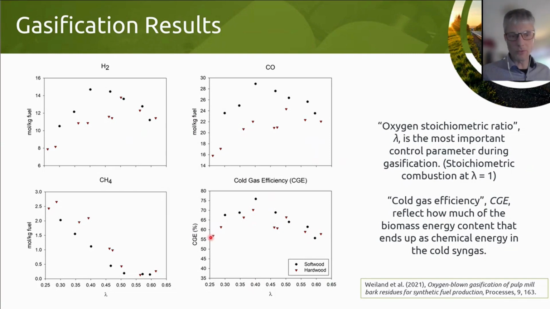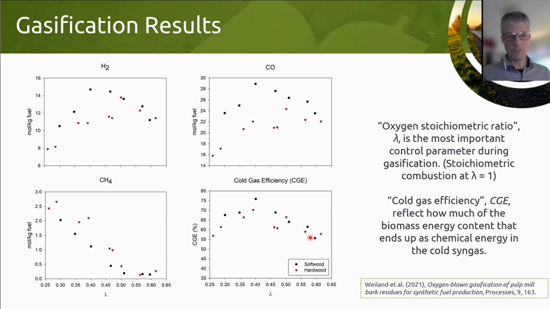At lower lambdas, the cold gas efficiency was reduced due to a poor fuel conversion, whereas at higher lambdas, the cold gas efficiency was reduced because of excess combustion of the wanted energetic syngas components. So combustion of CO, hydrogen, etc.